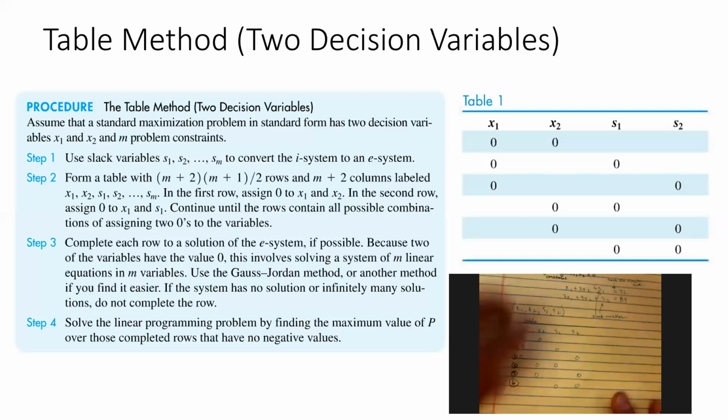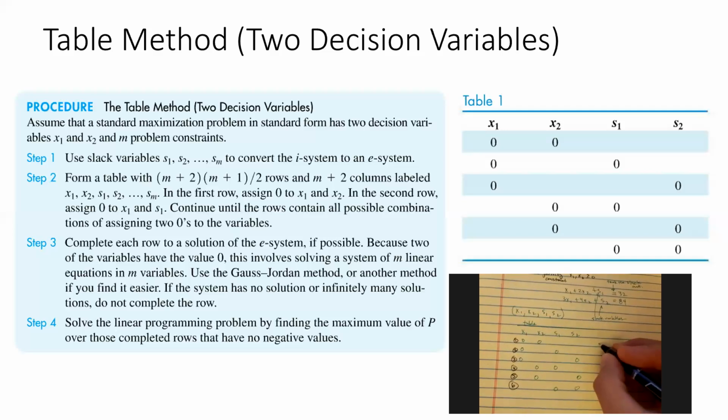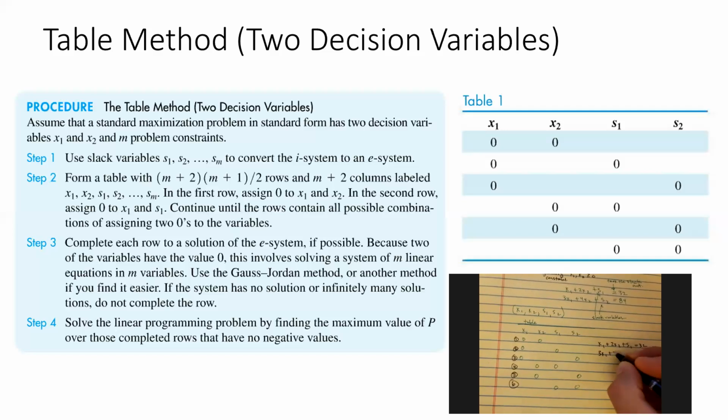That means x1 plus 2x2 plus s1 equals 32, and 3x1 plus 4x2 plus s2 equals 84. Putting in the zeros, it's 0 plus 2 times 0, because x1 is 0 and x2 is 0, plus s1 equals 32. Well, that seems obvious that s1 is what?